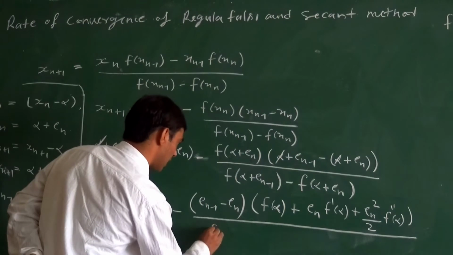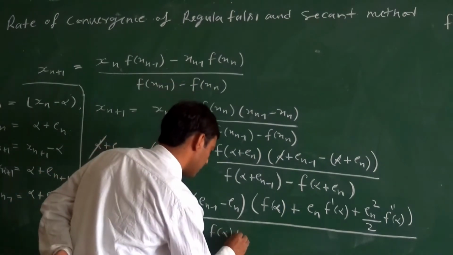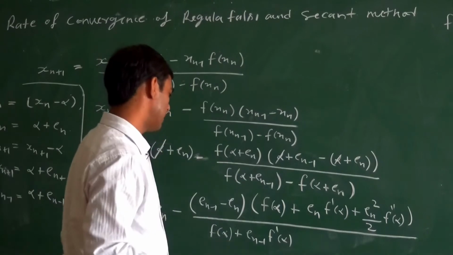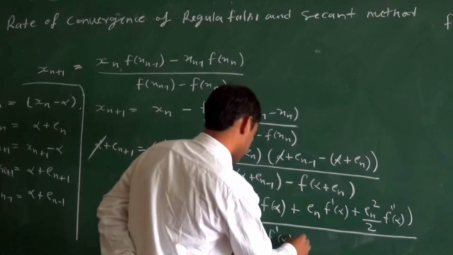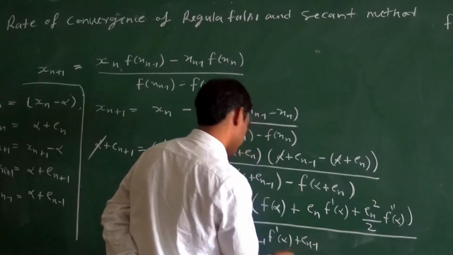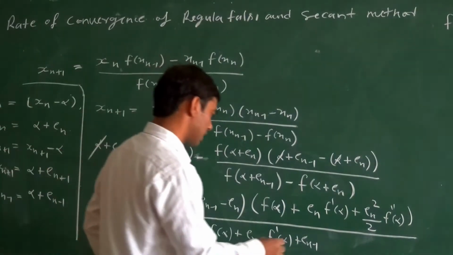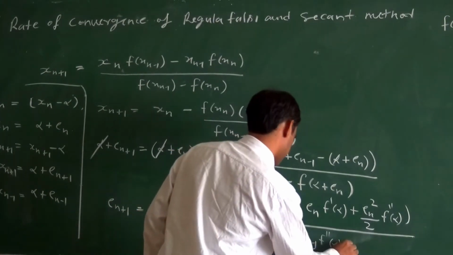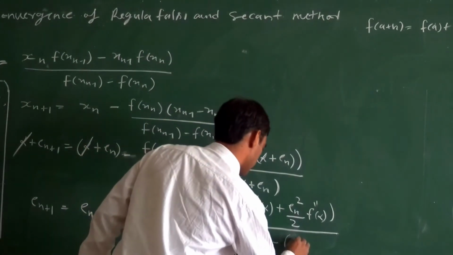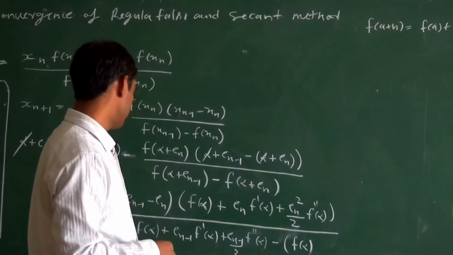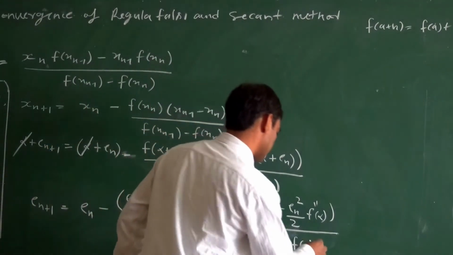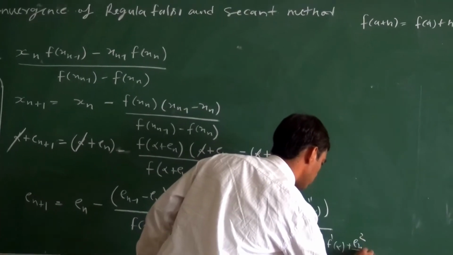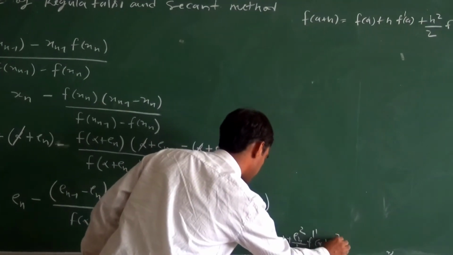This becomes f(alpha plus E_{n-1}) equals f(alpha) plus E_{n-1} f'(alpha) plus E_{n-1} squared f''(alpha) over 2, minus f(alpha) plus E_n f'(alpha) plus E_n squared over 2 f''(alpha), and so on.